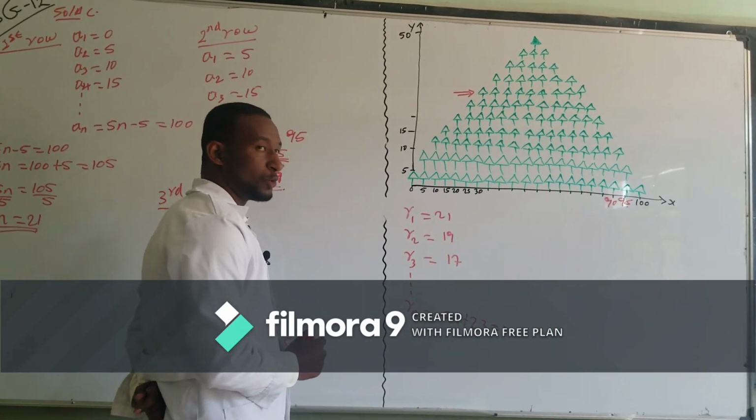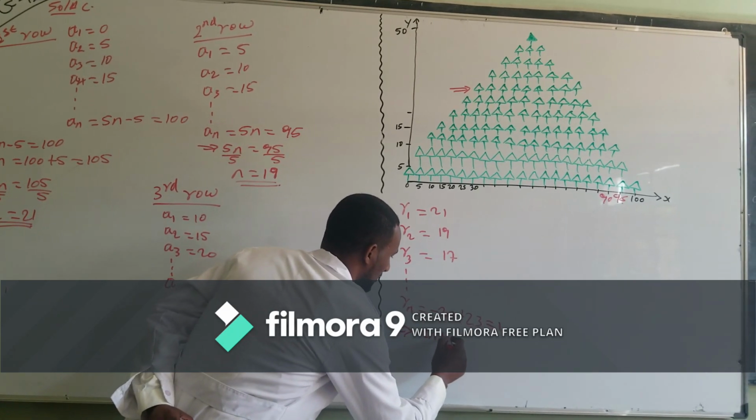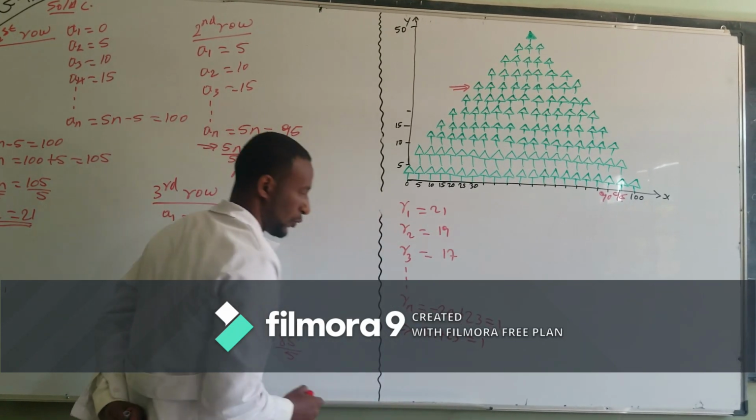When we find the value of n, this implies that negative 2n plus 23 is equal to 1.